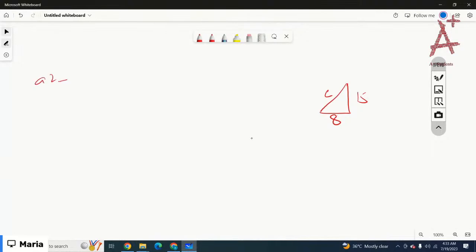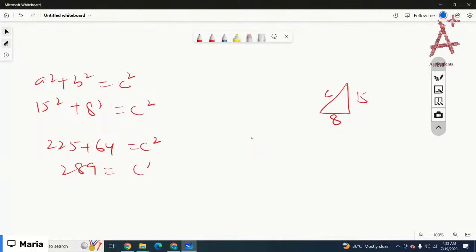It would be a square plus b square equals c square. It would be 15 square plus 8 square equals c square. 15 square is 225 plus 64 equals c square. It is 289 equals c square, and c equals 17. That means the distance is 17 if the mouse runs from one corner of the kitchen to the other.